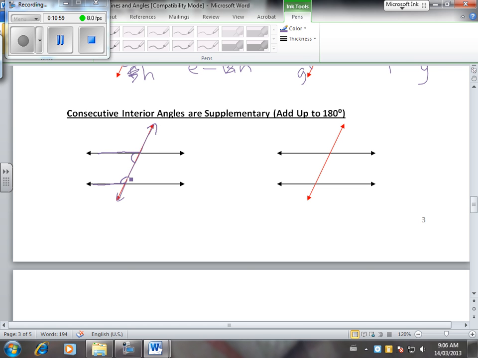So those are our two angles, C and E. And we'll know that C plus E equals 180 degrees.